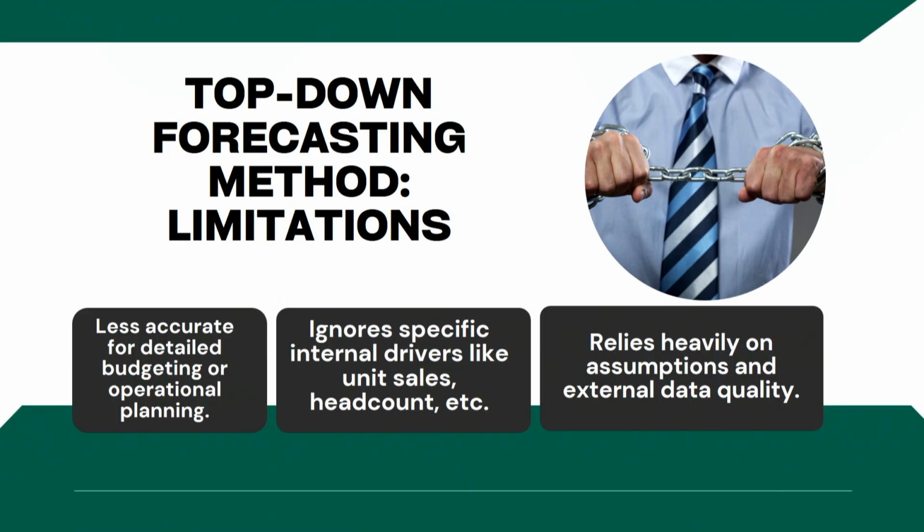Then the limitations of top down forecasting methods. This is also not free from lacunas as a method of projecting the income statement. The first deficiency is that it is less accurate for detailed budgeting or operational planning.